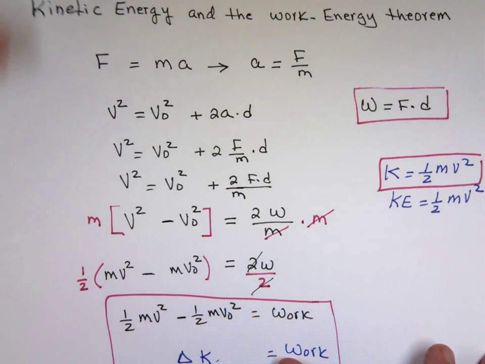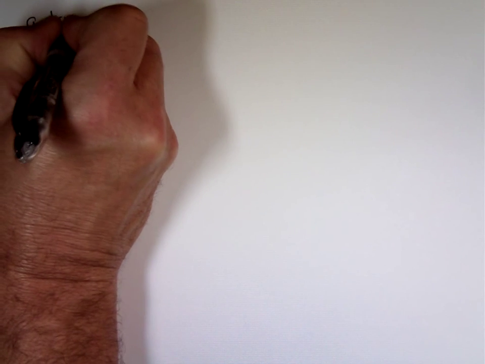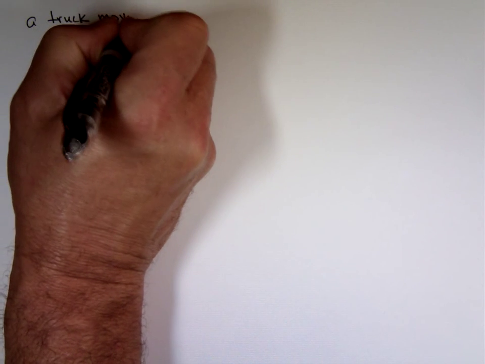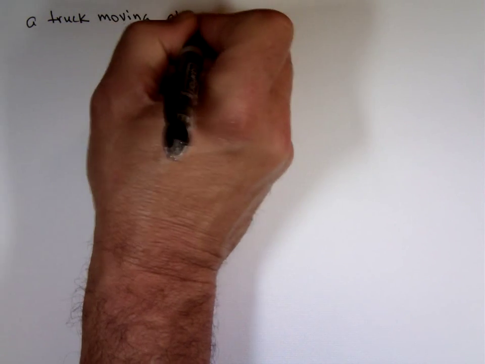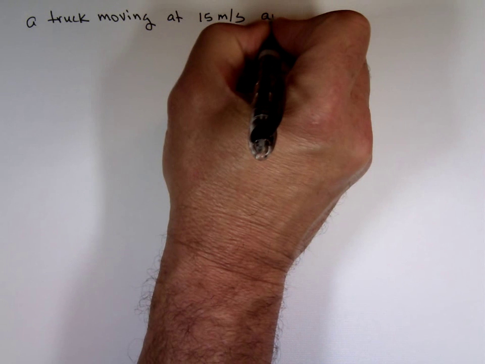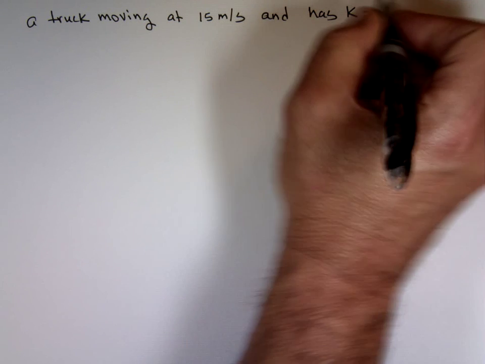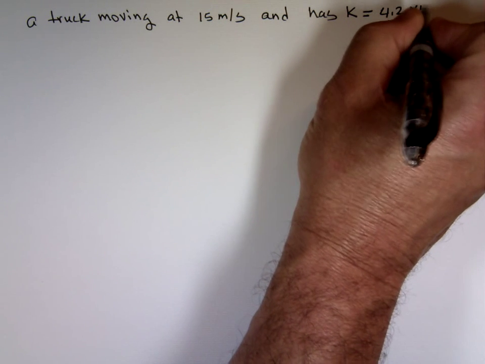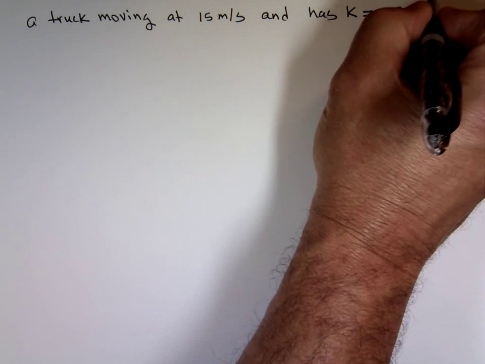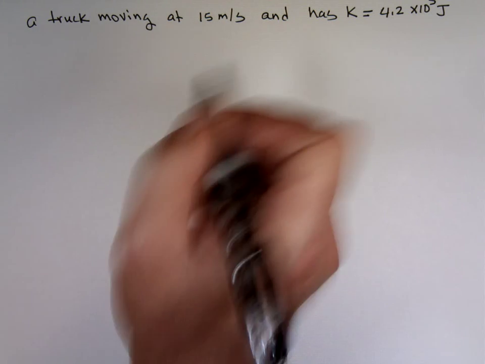Now let me take an example here. A truck moving at 15 meters per second and has a kinetic energy, K, equal to 4.2 times 10 to the 5th joules.